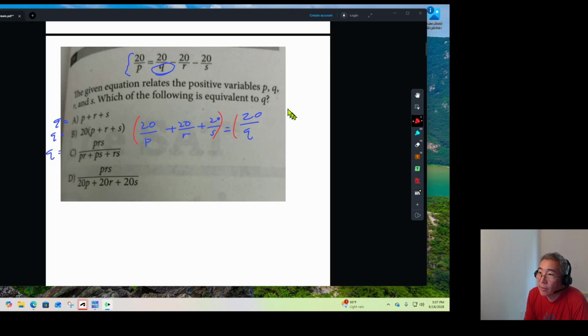It's a common factor from both sides, so I could multiply both sides by 1 over 20, and then I'll get rid of all the 20s. So then I would have 1 over p plus 1 over r plus 1 over s equals 1 over q. At this point, you might recognize it from physics class, but if you don't, worry not. We're just trying to isolate q.